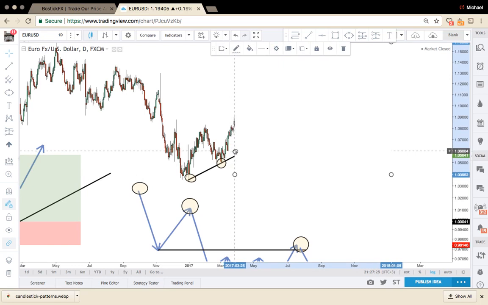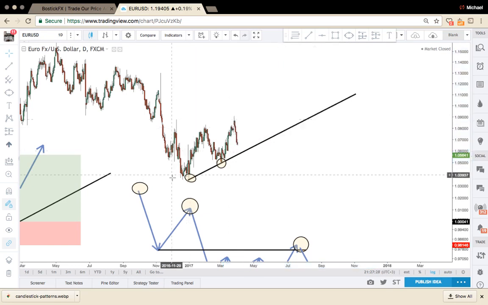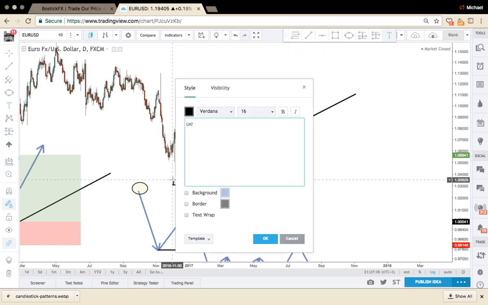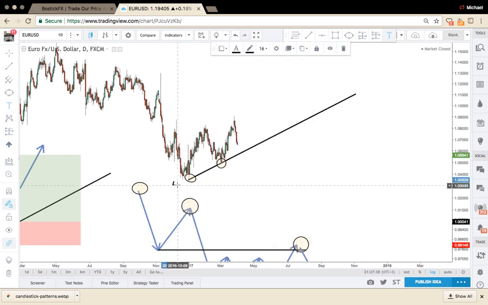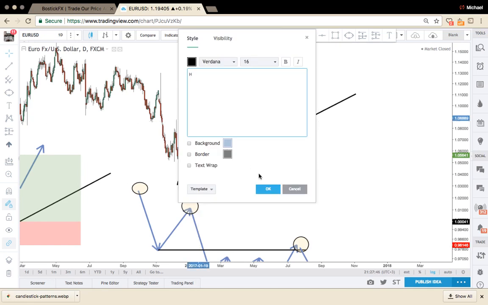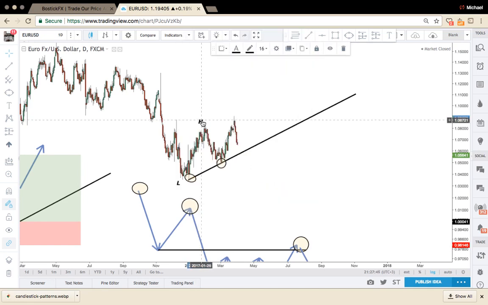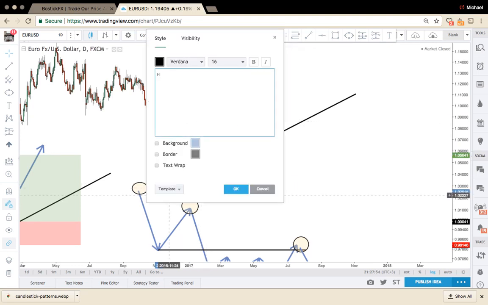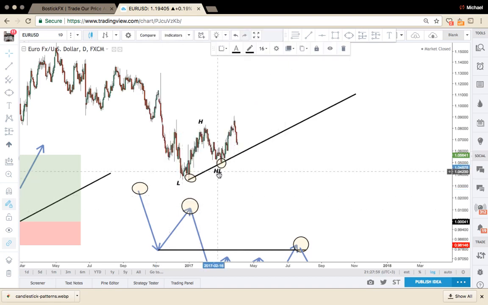Well, watch. Price goes up, keeps going up. So now you have price making a low, a high, a higher low, this low is higher than this low, and then it made a higher high.